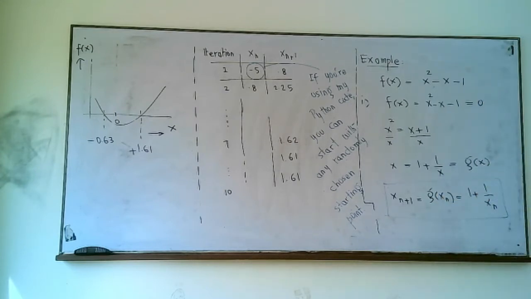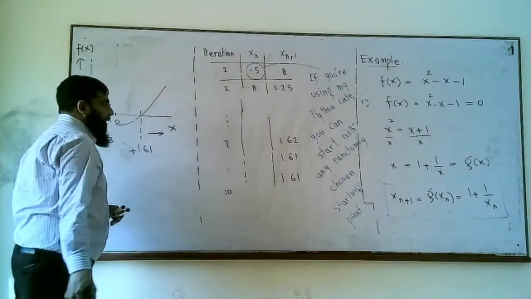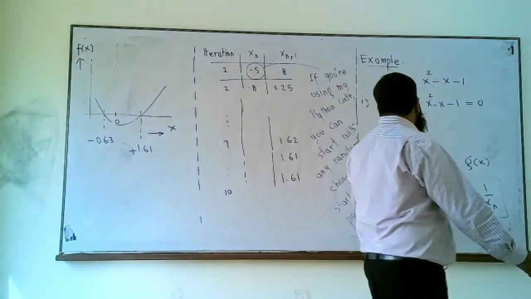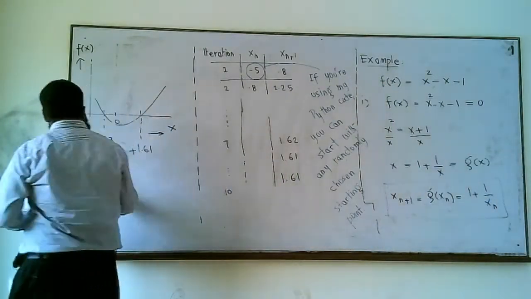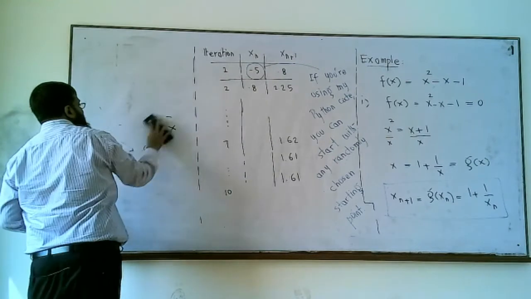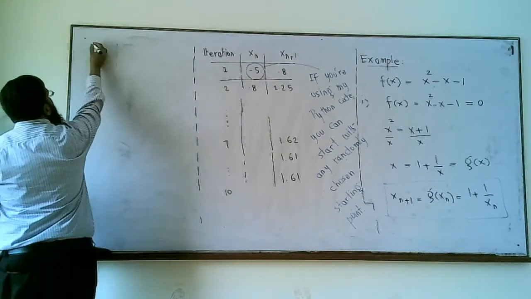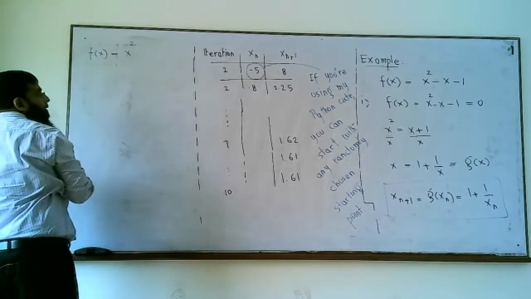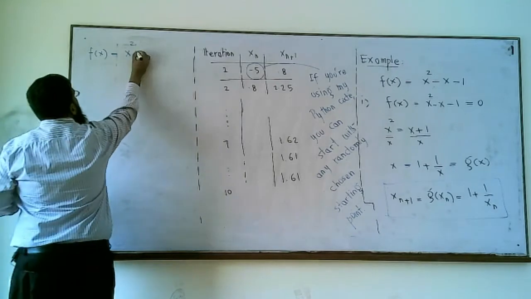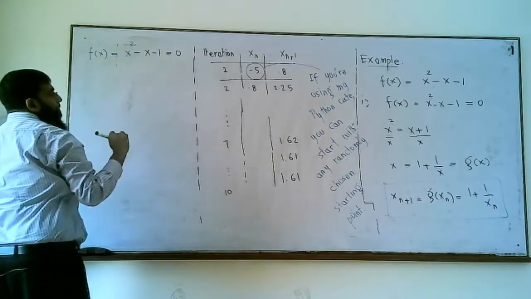That's interesting, right? But it is not the only way we can find x_{n+1}. If we start working with this polynomial, f(x) = x squared minus x minus 1 is equal to 0.